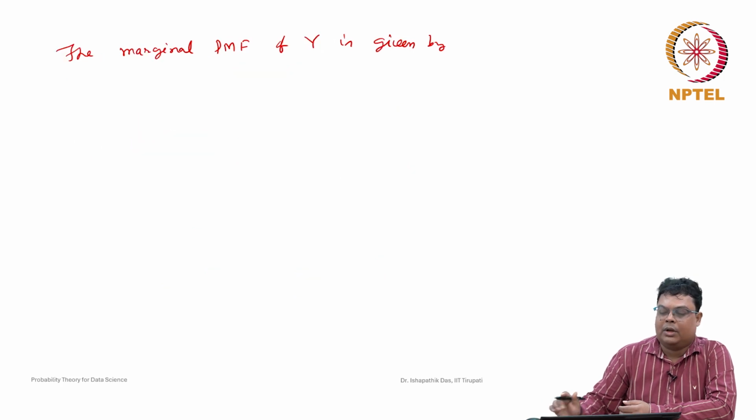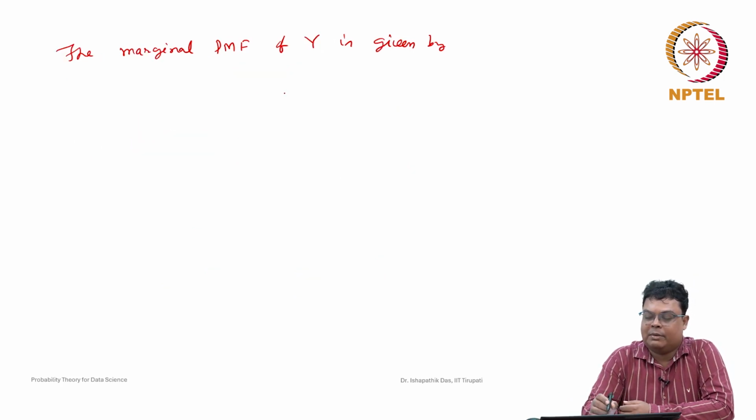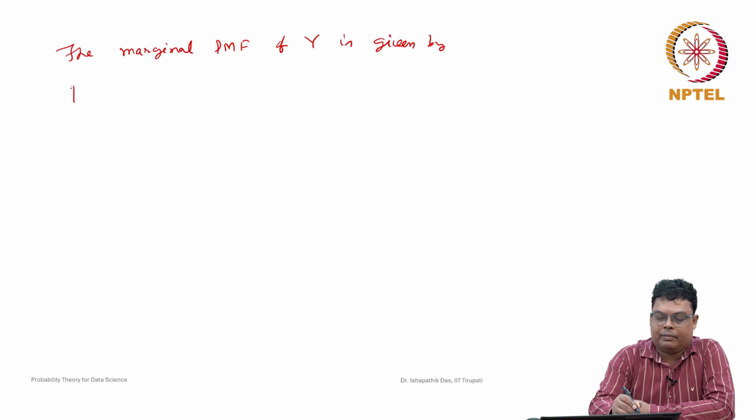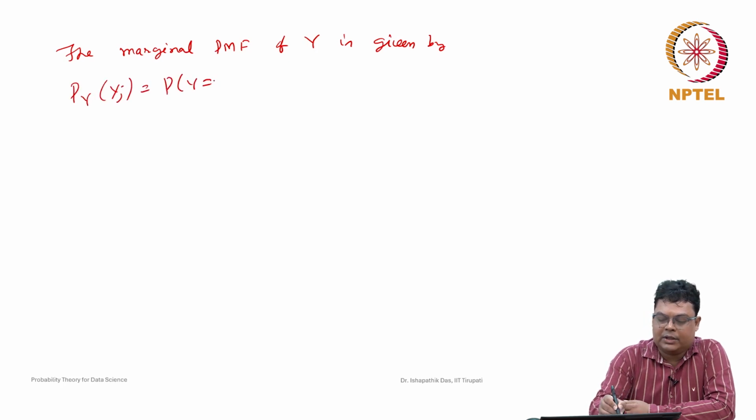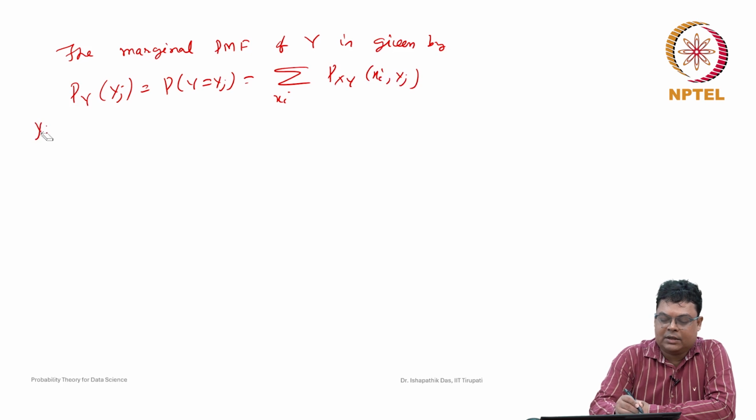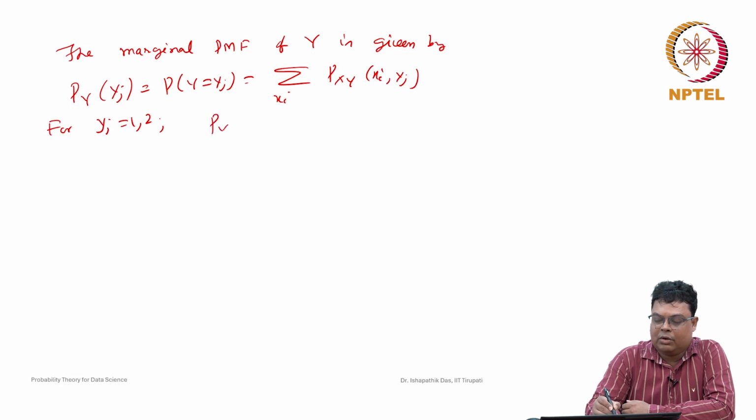So the marginal probability mass function of y is given by probability of Y equal to yj, which is the summation over xi of pxy of xi, yj. Whenever yj is 1 or 2, only then this is non-zero; otherwise this value will be 0.